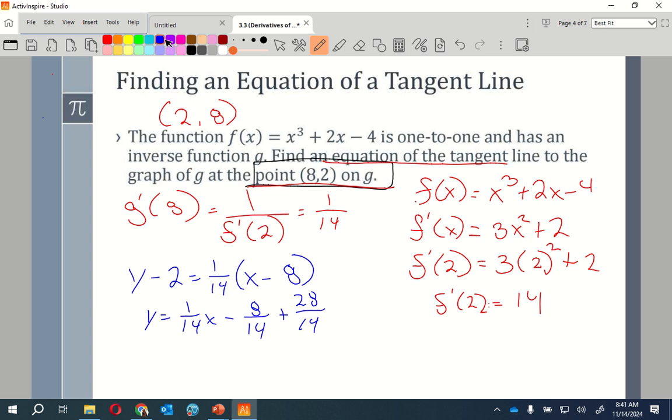Then I combine those together and I get y equals 1 over 14 x plus 20 over 14. At this point, I would reduce by a factor of 2, which would give me 10 over 7.